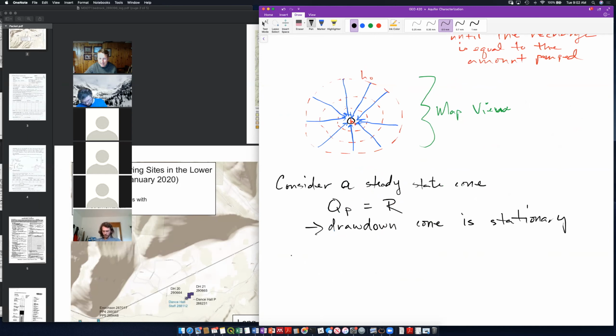All right, so if I have steady state, first of all, let's write the general governing equation for radial flow.